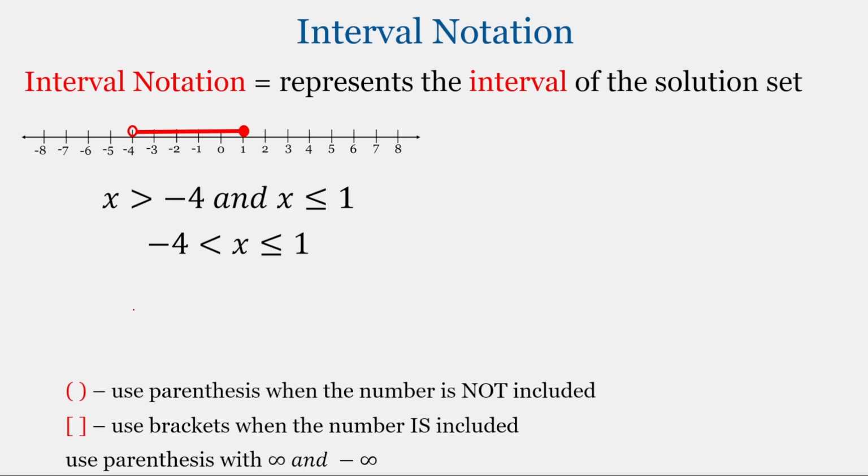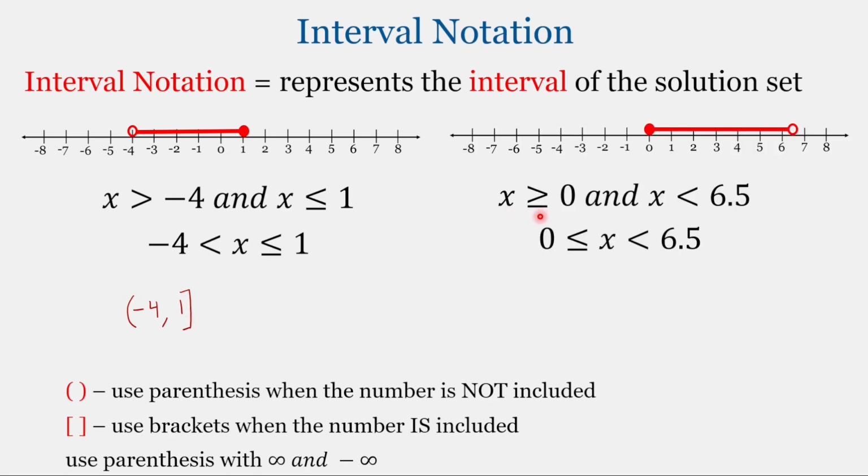So the left boundary is -4, and we do not include it, so we'll use a parenthesis. And then the right boundary is 1, and that is included, so we'll use a bracket. So we have the interval of all numbers between -4 and 1. -4 is not included, but 1 is included.